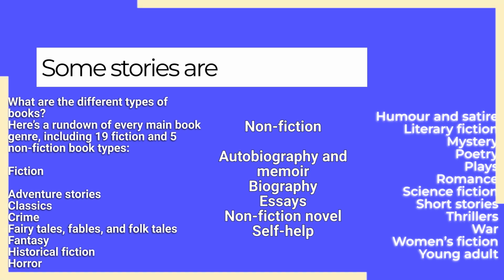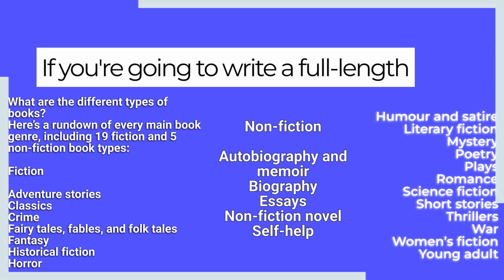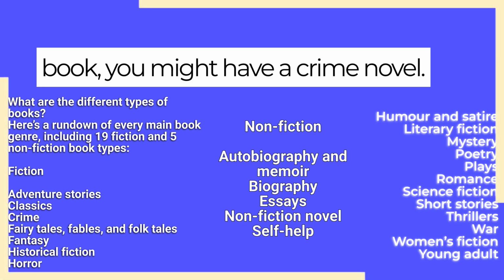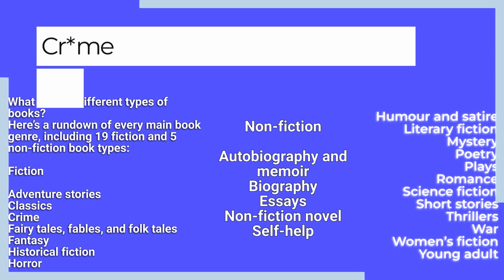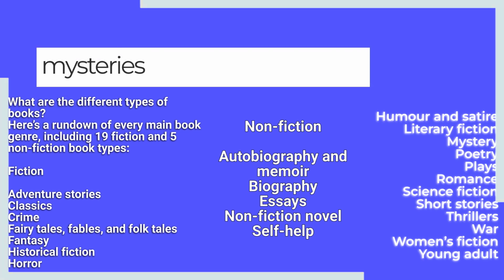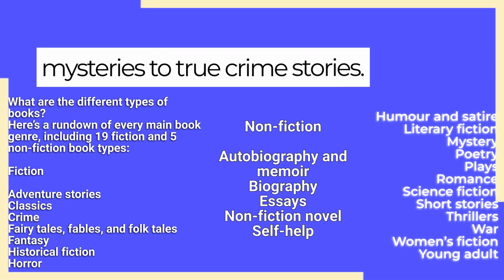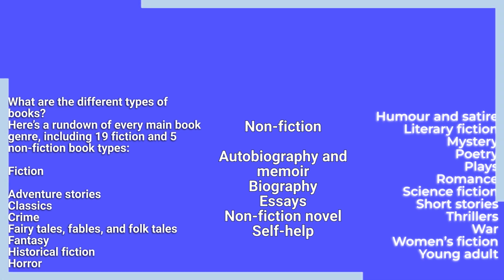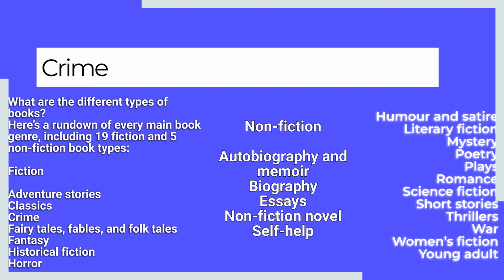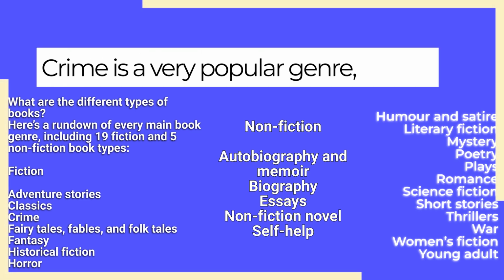Some stories are crime stories. If you're going to write a full-length book, you might have a crime novel. Crime can be anything from murder mysteries to true crime stories. Crime is a very popular genre, isn't it?